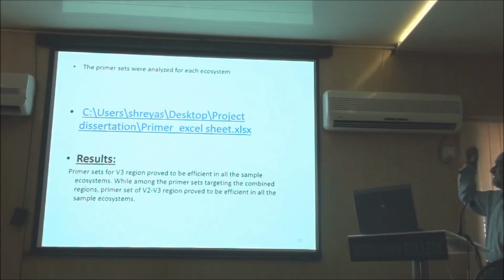I am not presenting all the data, it's a huge data in the form of an Excel sheet. So V3 region is efficient in all the ecosystems which we had looked at, and V2, V3 is a better primer pair. So from our studies it appears that V2, V3 region, when you are using combined primers, and V3 as a single primer, is a better region for such studies.